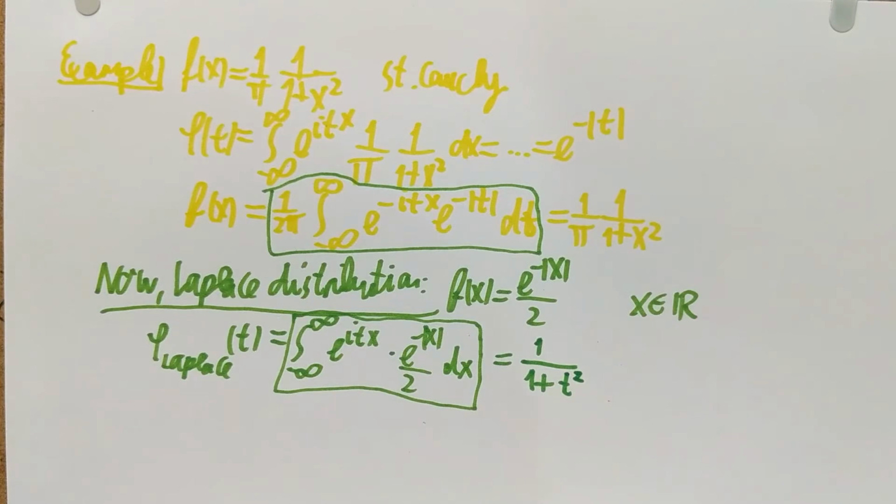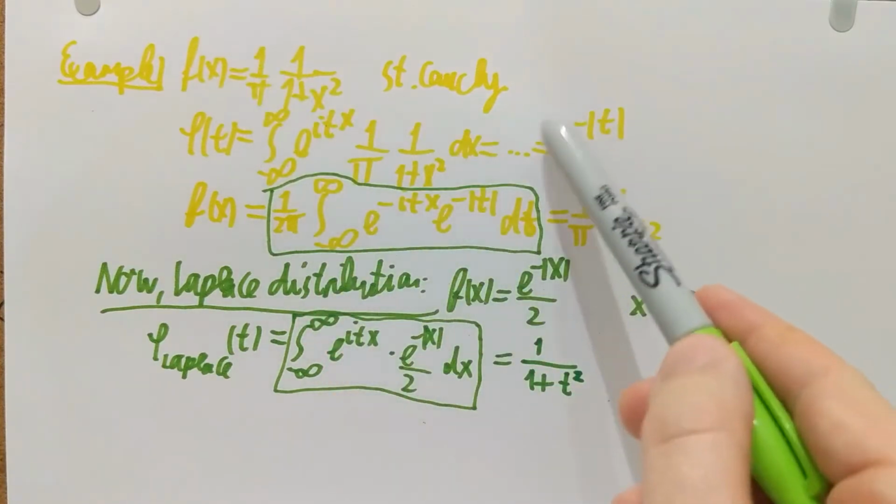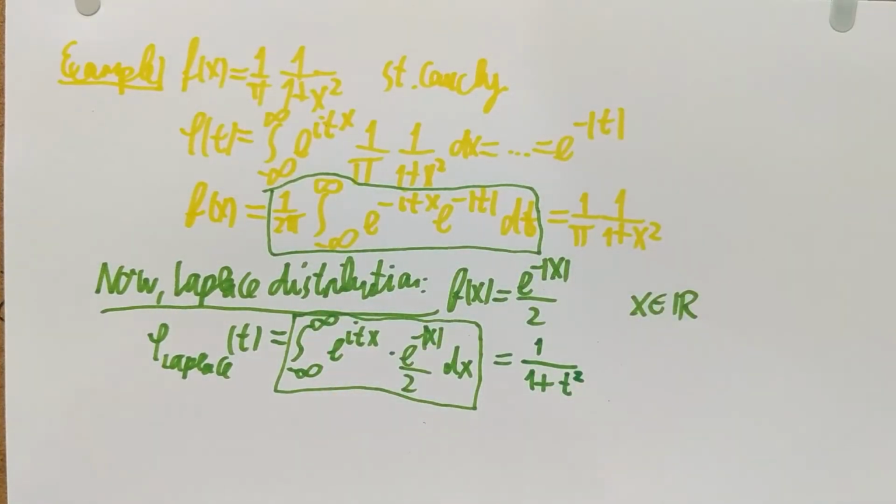That gives me a fast way of calculating the characteristic function of the Laplace distribution, just by looking at the example of Cauchy. Of course, the first statement, namely that the characteristic function of Cauchy is e to the minus mod t, will take a little bit of work later on. So that's my first remark.